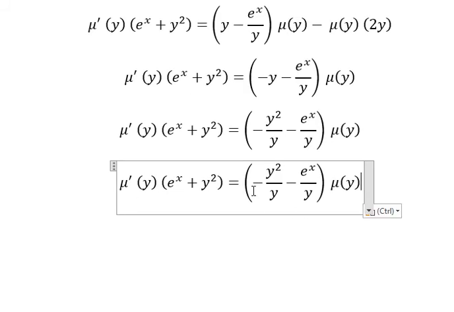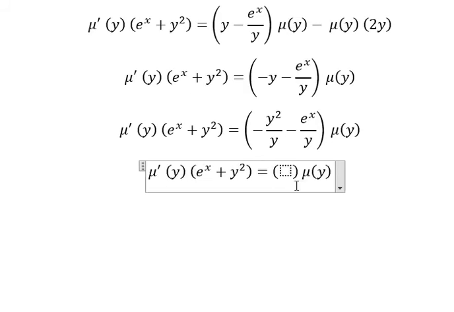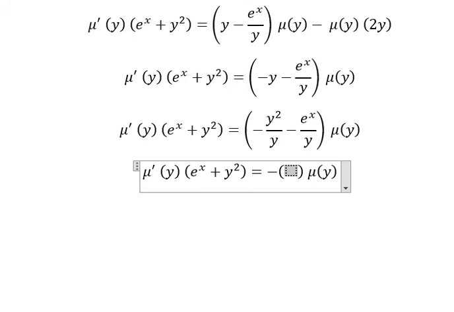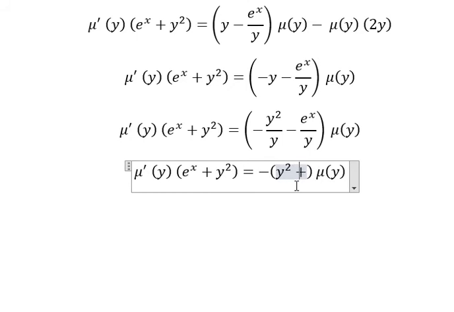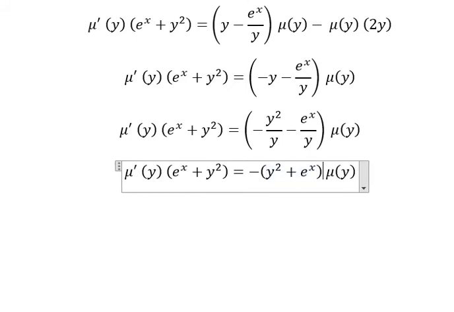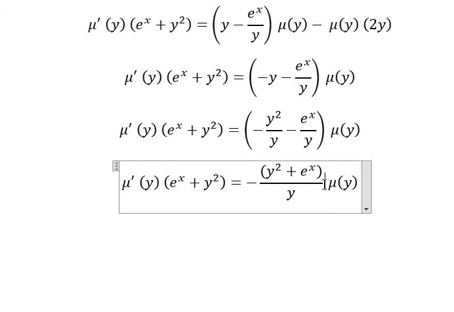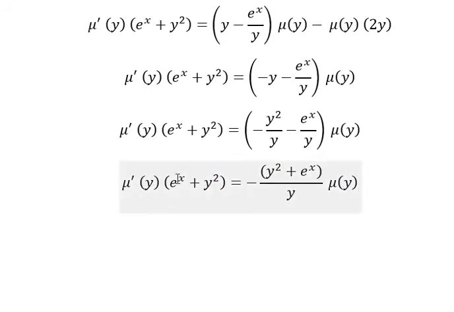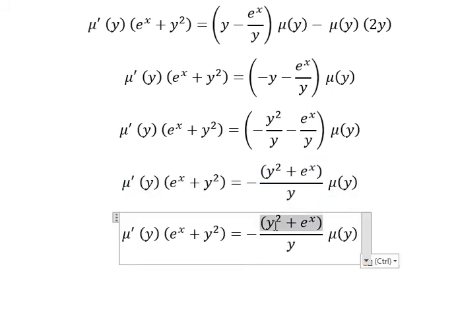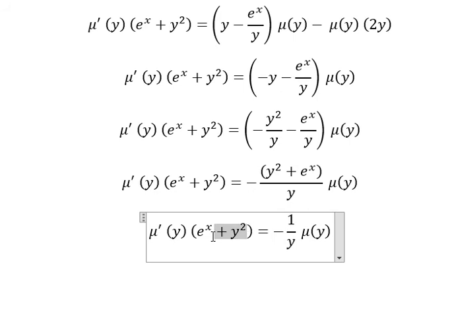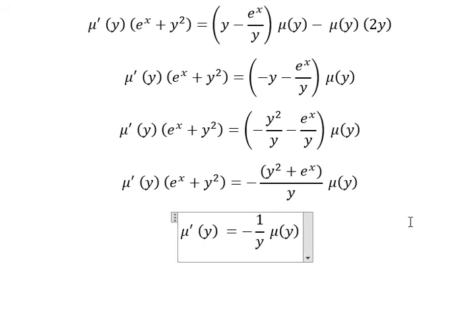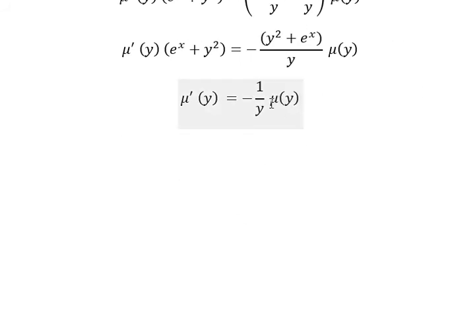So this one we can write into, I will put the negative sign in here. Y squared plus e to the power of s over y. And now we simplify e to the power of s plus y squared for the both sides. And now I will put this one go in the left.